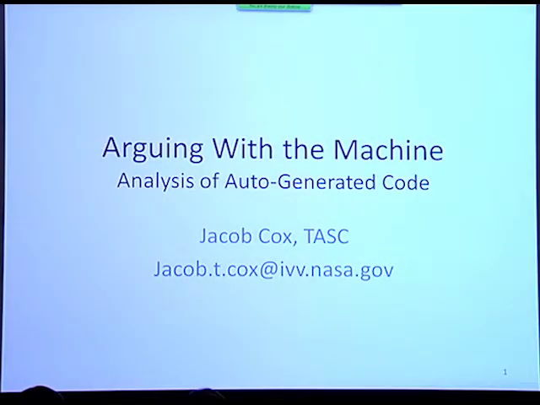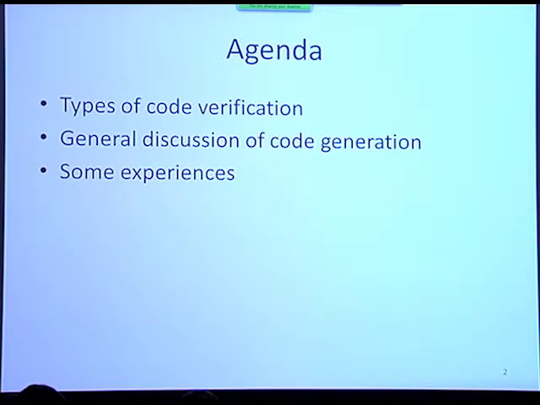I work with the IV&V facility in Fairmont, West Virginia, and I do code analysis. That's my specialty. For years, we've been looking at source code for flight software, and there have been some changes coming on through time. One of the changes is that a lot of the source code is now not being written by human beings.